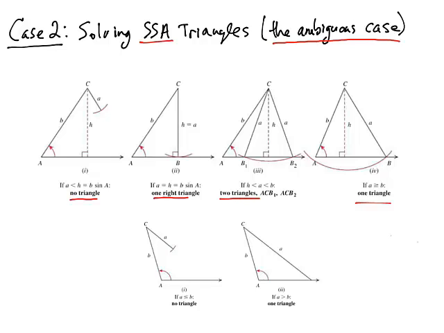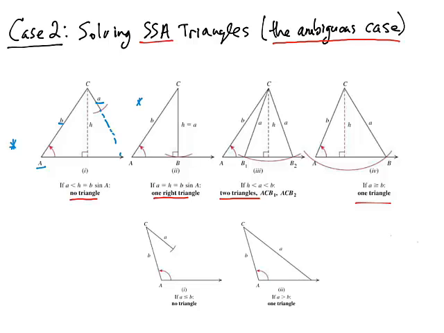Now, let's just kind of summarize what's happening here. In this first triangle here, we're given an angle, we're given this side, and then this opposite side. This side is too short to reach down here to create a triangle. So that's why we have no triangles possible with those given values.